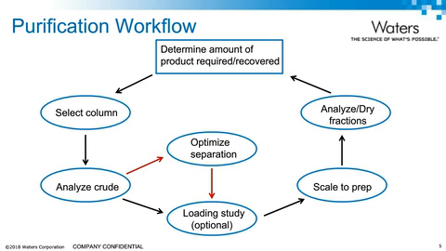Once we know what the preparative column is, we can analyze our crude material on an analytical column, and then if we're lucky and our separation is pretty good and we don't need to optimize, then we can do a loading study and scale directly to prep, where we can then isolate our fractions and then analyze them and dry them down.